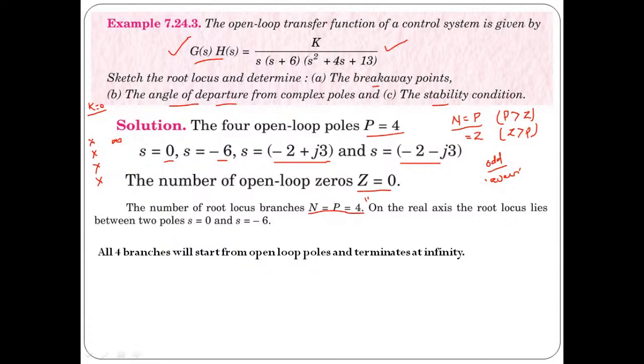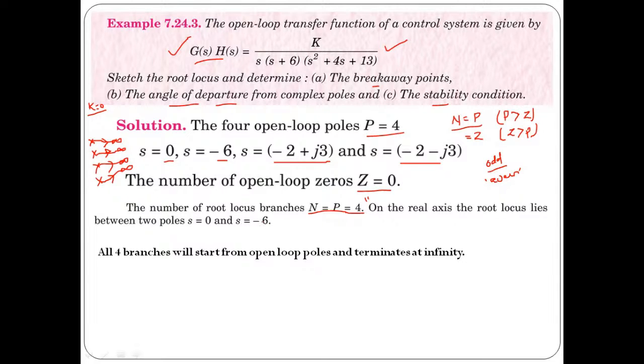So all the branches will start their journey from open loop poles, and they are going to try to move towards infinity like this, like this. So here we have one more infinity, and then here we have one more infinity like this. So the moment we conclude that in this case all four branches will start from open loop poles and terminate at infinity, we need to provide four different directions, one for each branch.